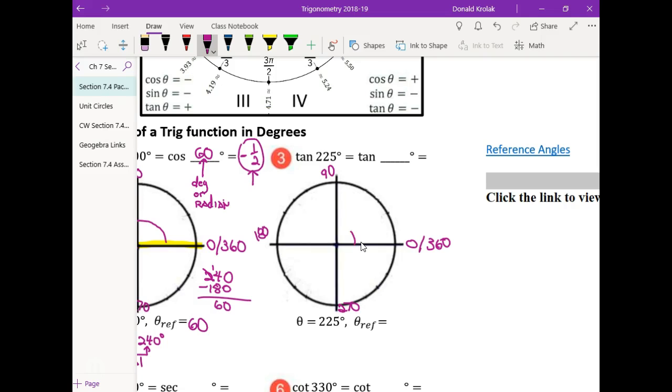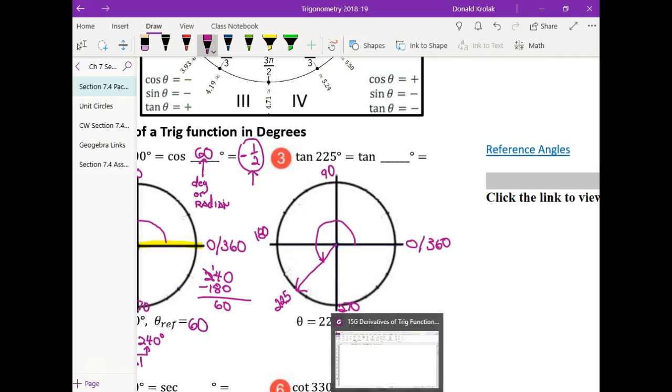In the third. Okay, reference angle in the third quadrant, Johnny? 45. Yep. And how'd you get that? 225 minus 180. Yep. Okay, so there's our reference angle.